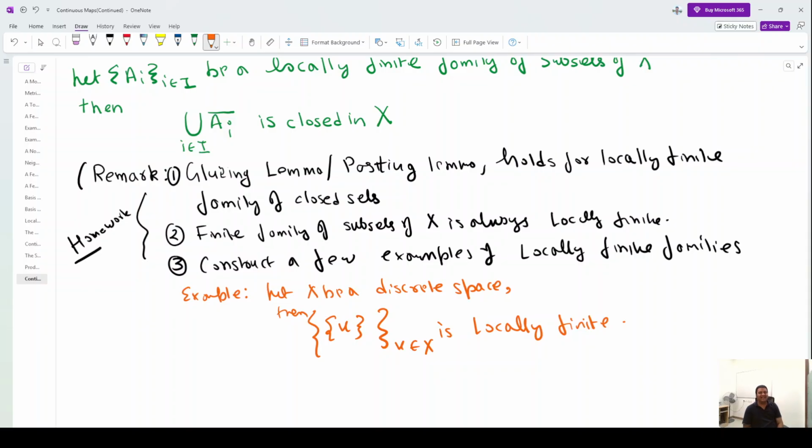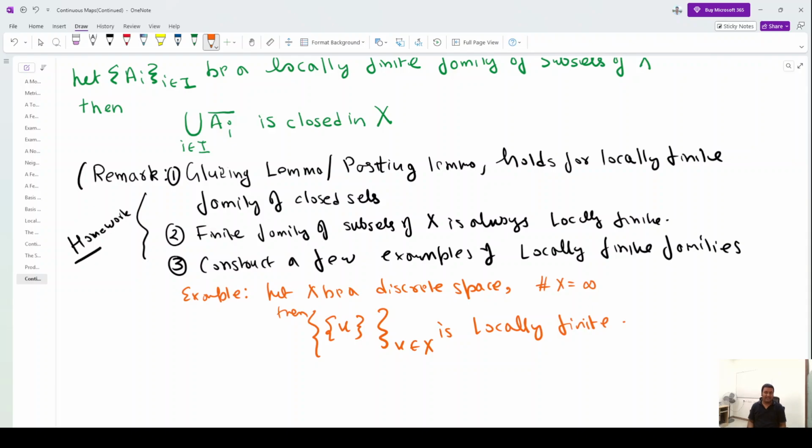You can verify this. For every x, you have just the singleton {x}, which will intersect only one member. Or if you are getting confused, take another point y in X. Assume, for the fun of it, that X has infinite cardinality. So take y in X, the singleton {y} is open, and it intersects only one member of this locally finite family. So it's a family of infinitely many sets, but it's locally finite.